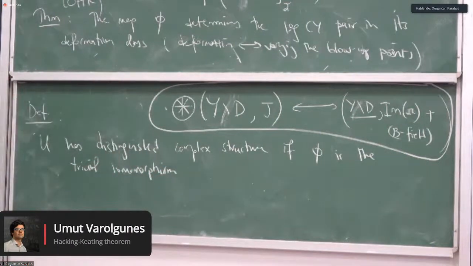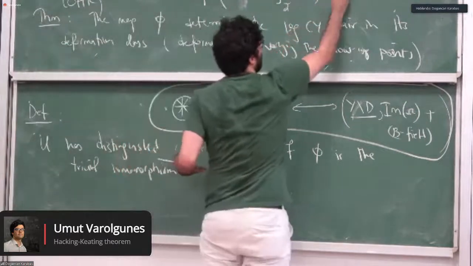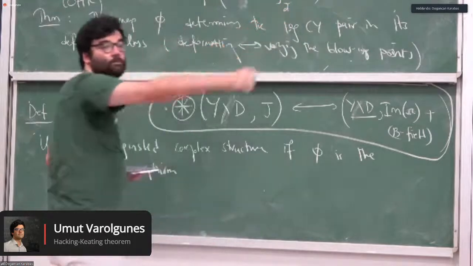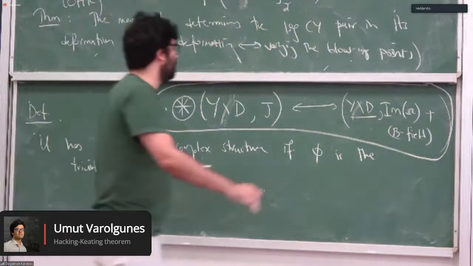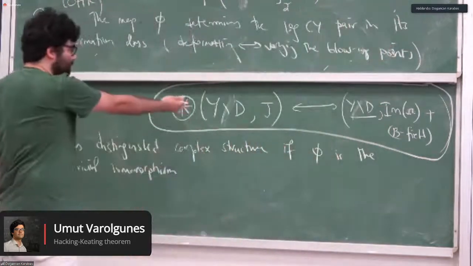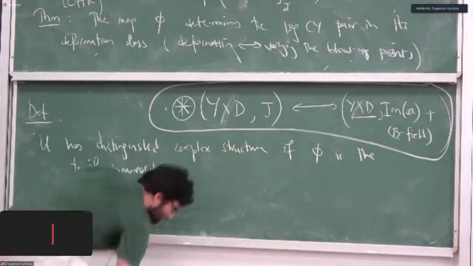So you look at all these periods, and this one's supposed to be always equal to 1. So these periods are always supposed to be integral. And only then I will have a mirror symmetry statement, like this theorem that I will talk about only holds then. So now let me say a remark.